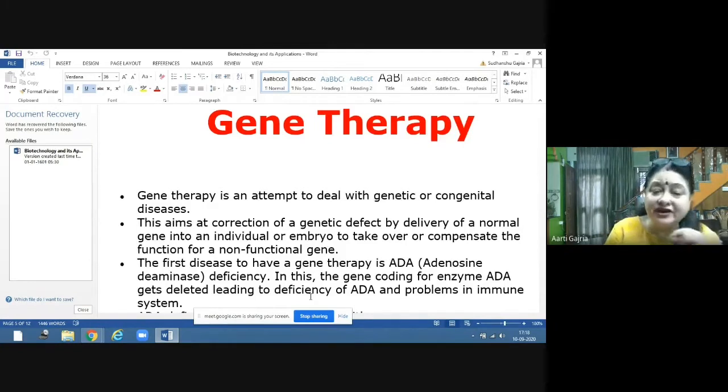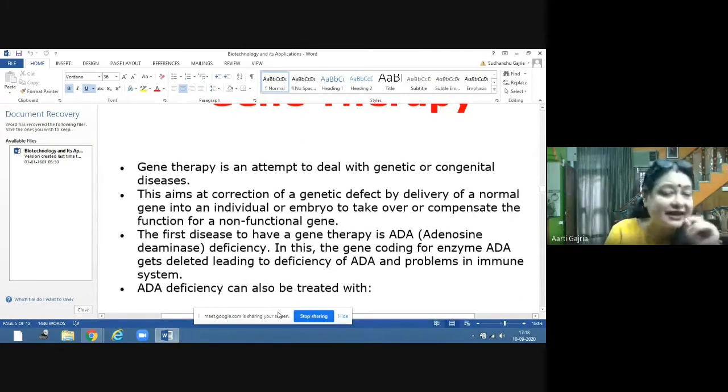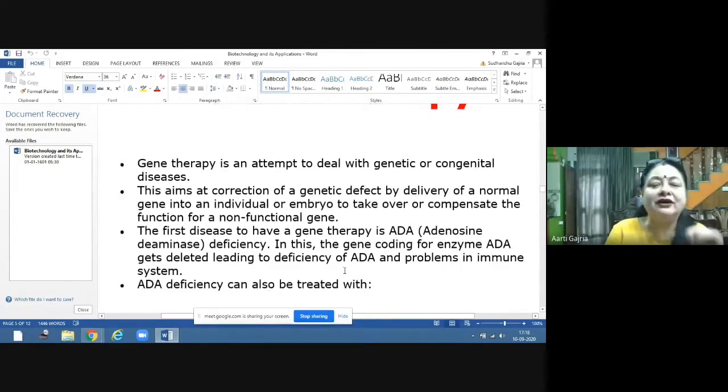Now, the first disease for which a gene therapy clinical trial was done was adenosine deaminase deficiency disease. As the name suggests, in this disease there is deficiency of adenosine deaminase, an enzyme which is formed from a gene.